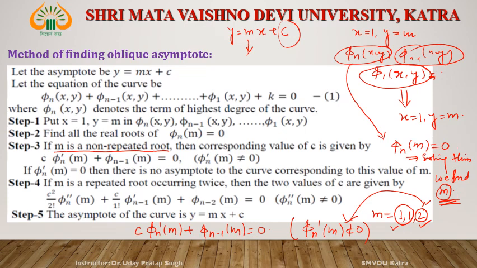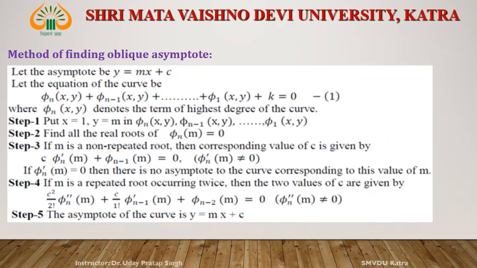If phi n dash m is equal to 0, it means there is no asymptote of the curve corresponding to this value, right? Okay. Now, what happens if the root is repeated 2 times? If the root is repeated 2 times, then what is the formula for obtaining c?